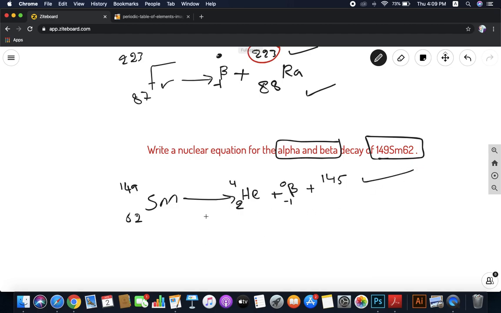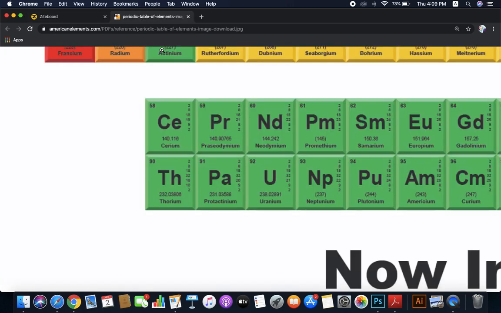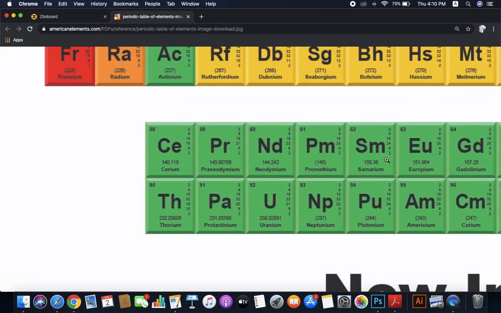Now the second number is 62. Here I have 2 plus minus 1, so here I have 1, so I will write 61. 61 minus 1 is 60. 60 plus 2 is 62, so it's conserved. Now find an atom from the periodic table with 61 protons. It's Pm, promethium.